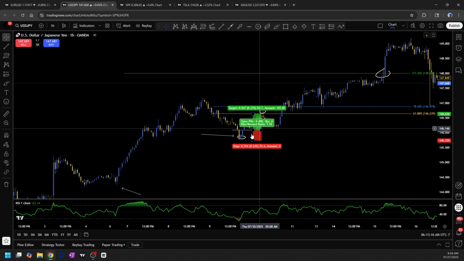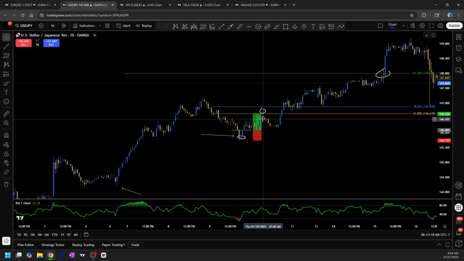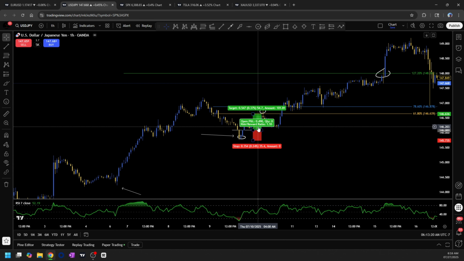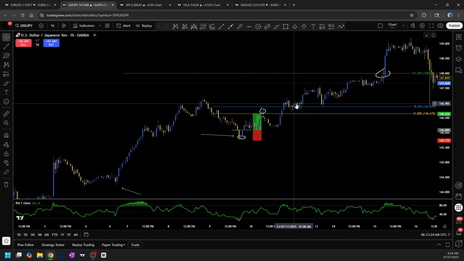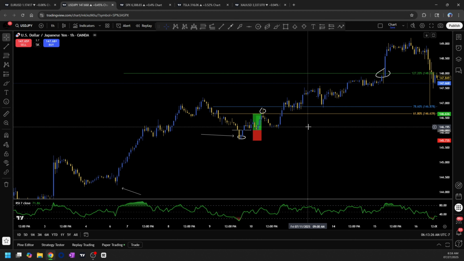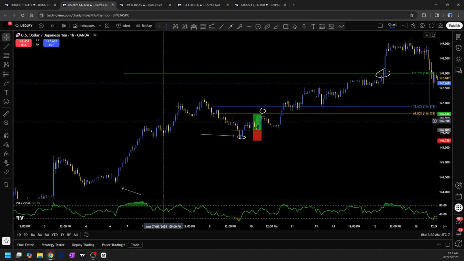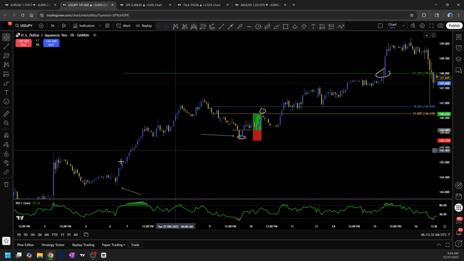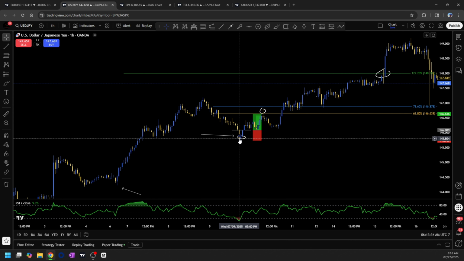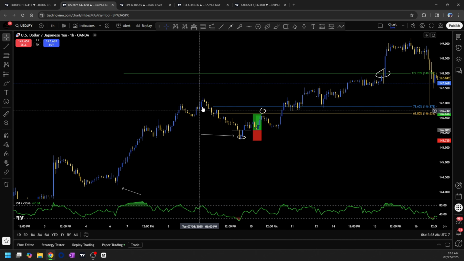This small 618 retracement off the high to low, yes, it would have worked. Yes, it would have been more than a 1-to-1 or 1.25 to 1. It's 1.55. That's fine. But this is where your trained eye comes in to notice that you're in a trend, and this is simply just a pullback. So if this is simply just a pullback, then you're going to want extensions off the low to the high.